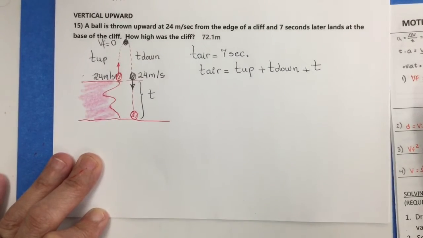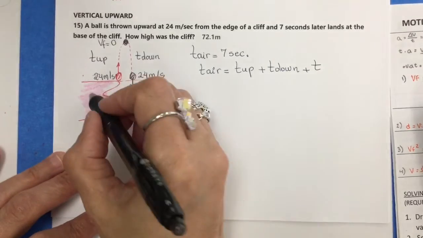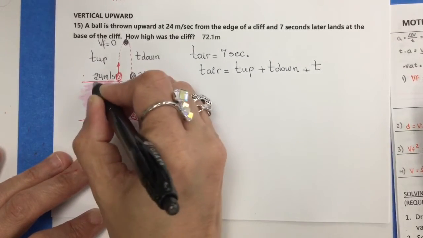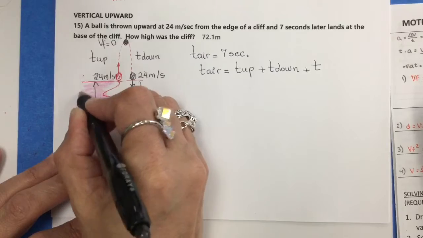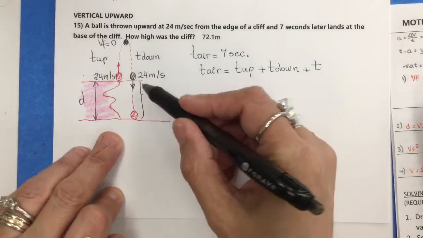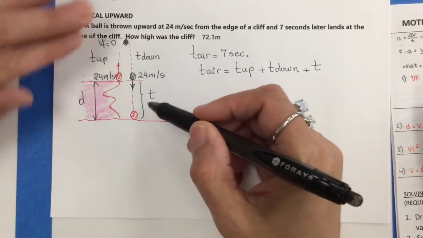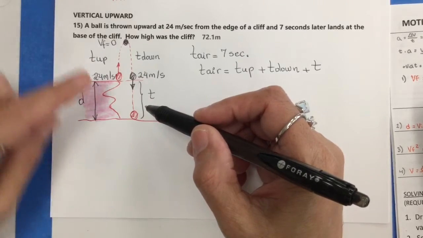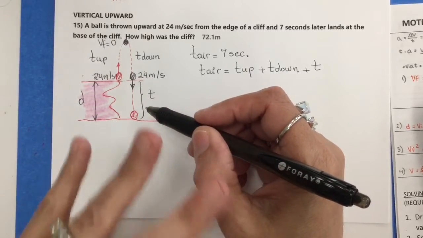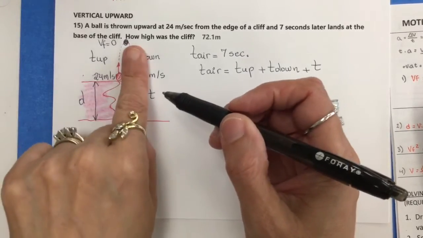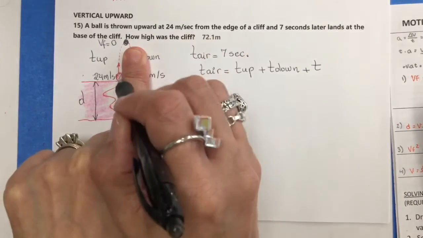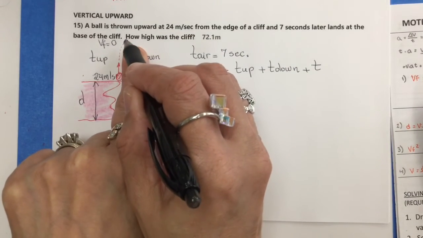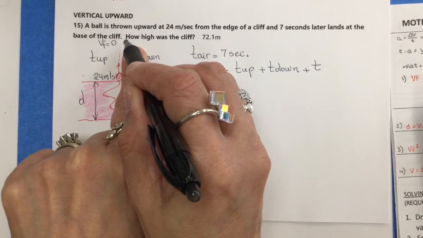Okay, so to solve this problem, to find the height of this cliff, which we are gonna call D, we need to find T. Because if you look, we have here three separate motions. We have going up from where it was thrown to where it stopped in the air.